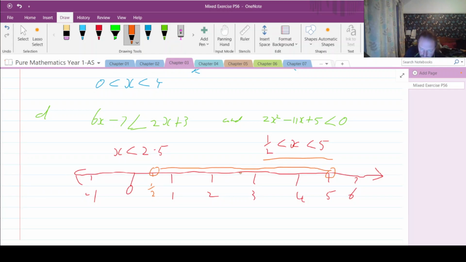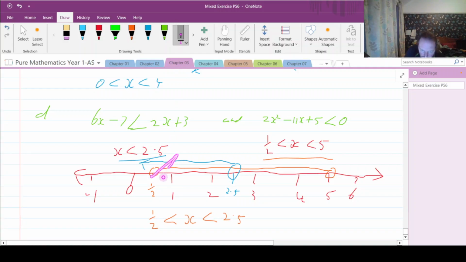And for this one, we would do a blue arrow, with a circle at 2.5 and an arrow going this way. So clearly the answer is a half is less than x, but less than 2.5, where we get the crossover of the two answers.